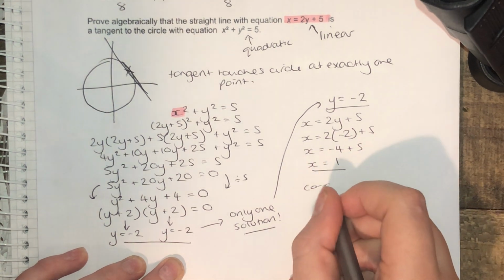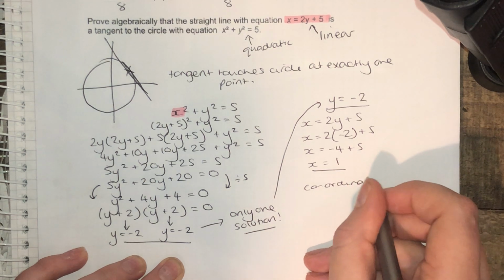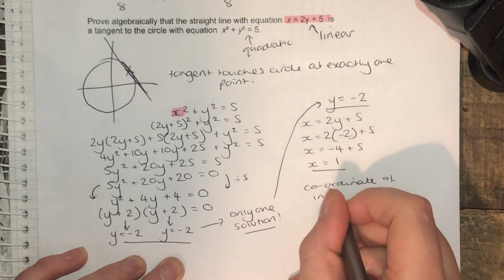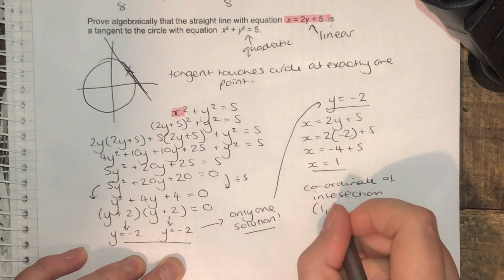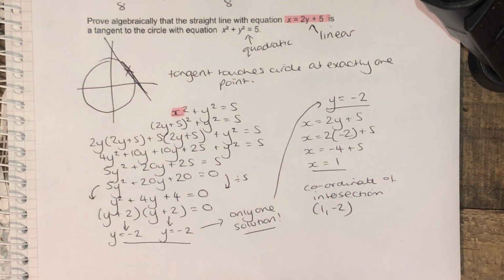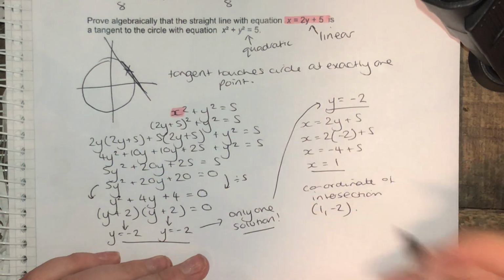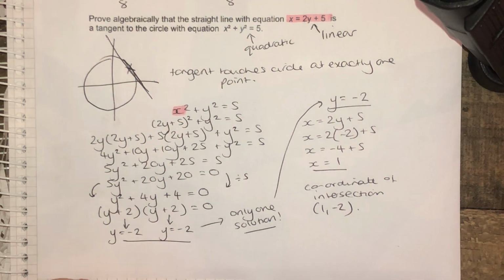So the coordinate of intersection is at 1, minus 2, and there is only one coordinate, which means there's only one solution.